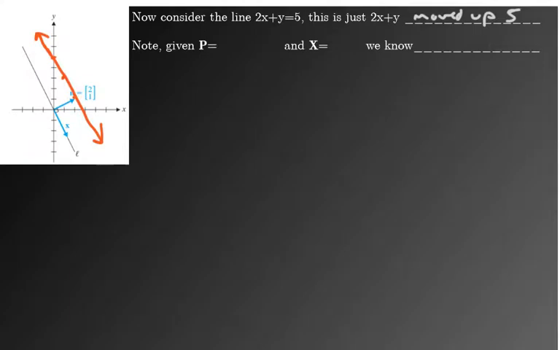And so I'm going to create another vector. I'm going to create a vector p, which is just (0, 5). And then I'm going to create a capital X, which is just a variable vector on this new line.